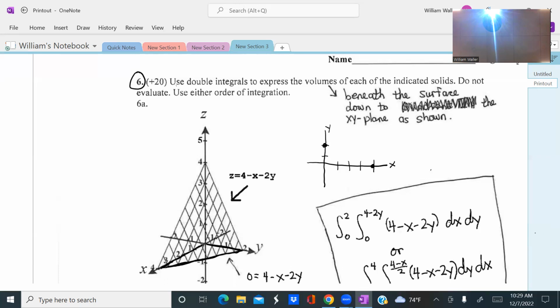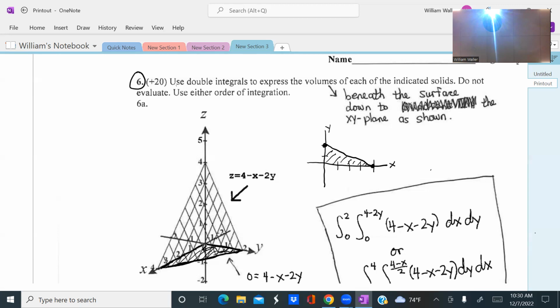So connect these points with a straight line. That's going to be your region of integration, this little region in the XY plane.